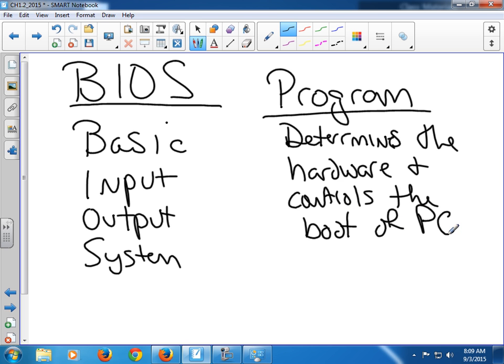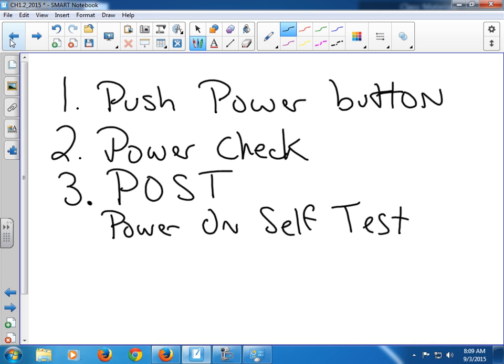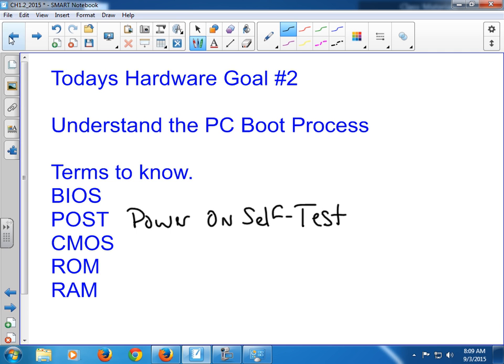It's not a program you ever have to load, although we update it every once in a while on PCs. But it is the first, most basic program that runs on your PC every single time you turn it on. BIOS is the basic input-output system. It's a program that runs as soon as you turn it on.